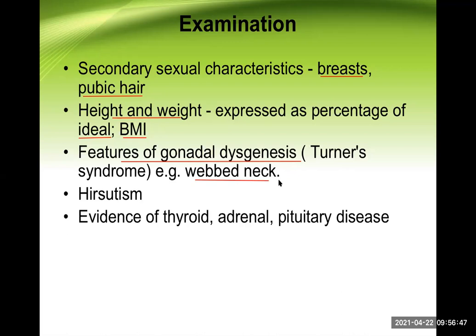Remember, she looks fine from outside, so we cannot diagnose her before the period of puberty. There is no menarche in this girl because of the absence of ovaries, no beginning of menstruation. On top of that, she has webbing of the neck, which means a very short neck with extra skin folds on the back or on the side of the neck.